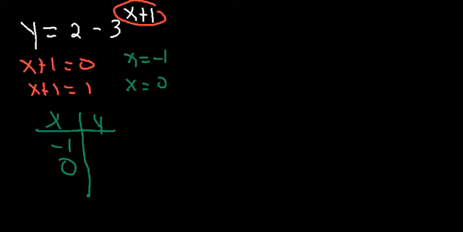If we plug in -1, -1 plus 1 is 0, and 3 to the 0 is 1. 2 minus 1 is 1. If we plug in 0, 0 plus 1 is 1. 3 to the 1 is 3. So we have 2 minus 3, which is -1. This number is the horizontal asymptote. It's the constant that doesn't have an x.